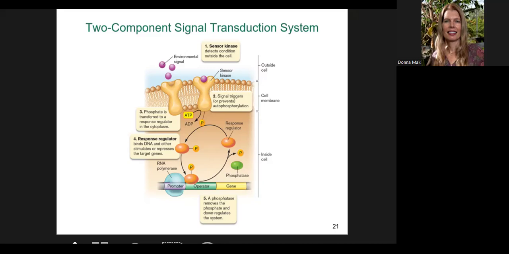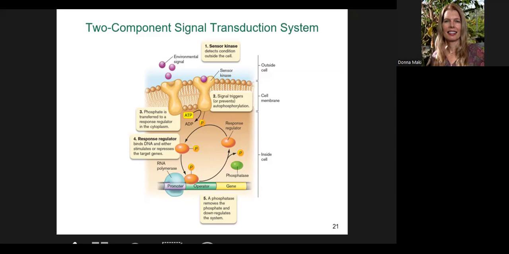And then I like to think of the sensor kinase and the response regulator kind of like relay races, when you have the baton. I think of the baton as the phosphate. The sensor kinase is like, okay, I have the phosphate and now I have to hand it off to the response regulator, and then the response regulator takes off and does its lap.